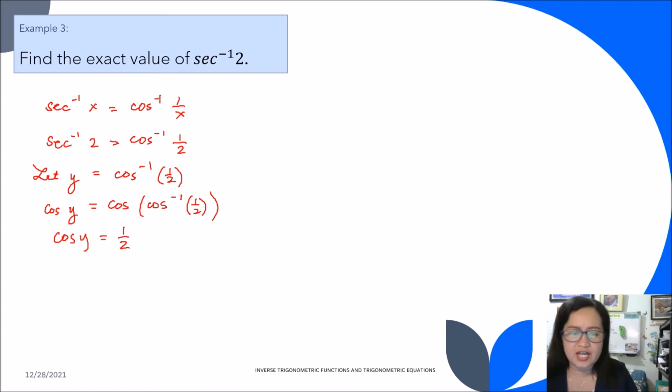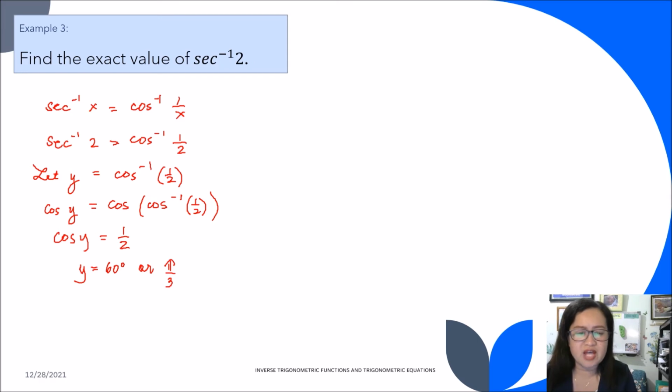Now take a look at our equation using our calculator. We can press shift cosine, open parenthesis, 1 divided by 2. That will give us 60 degrees. So therefore, y is 60 degrees, or in radian measure, that is pi over 3.